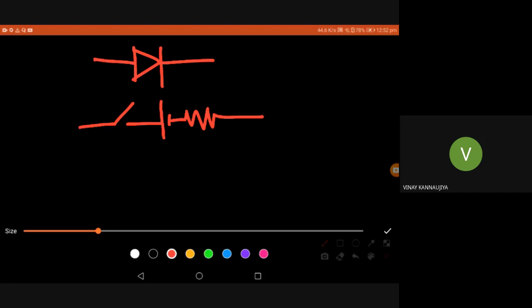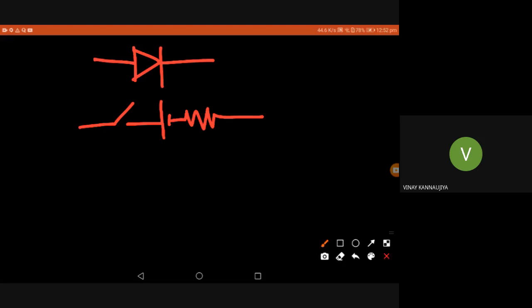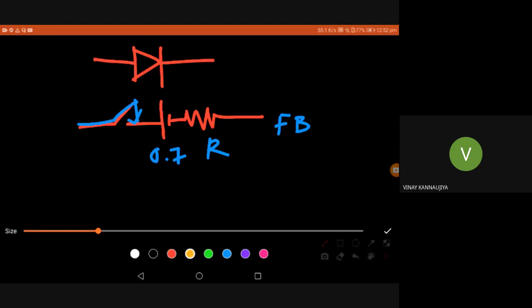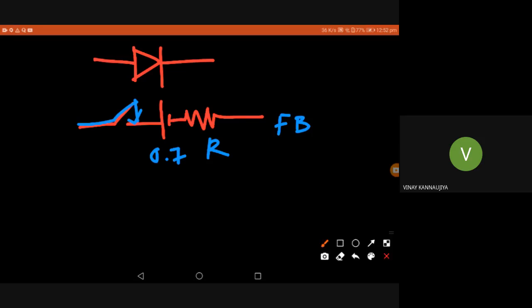The voltage of this battery is the same as previously, 0.7. This R is the resistance, and the switch is on when forward biased. When it's reverse biased, the switch is off and other things remain the same.